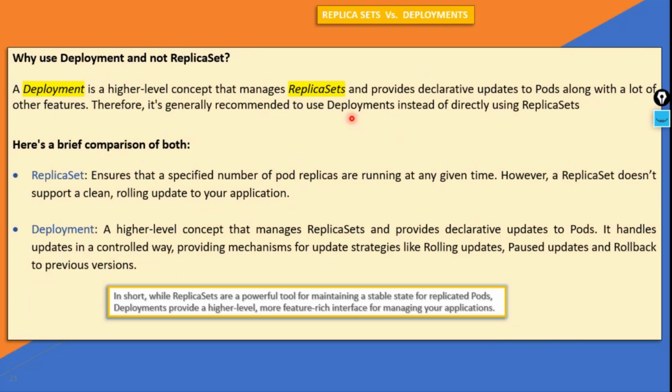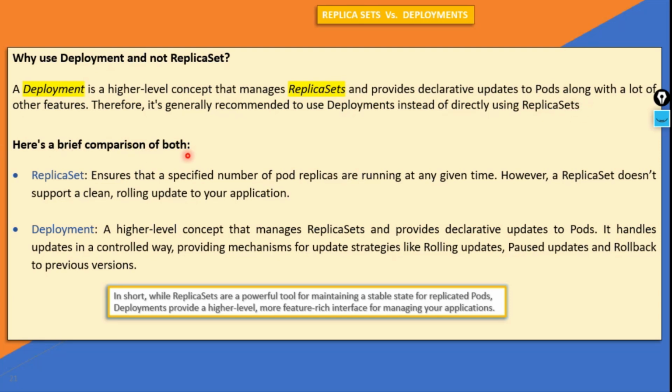All these things are not possible if you have deployed pods through replica set objects, the manifest file. You cannot use declarative updates to pods if you are using replica sets. Therefore, we need a deployment manifest file with a lot of other features. Therefore, it is generally recommended to use deployments instead of directly using replica sets.